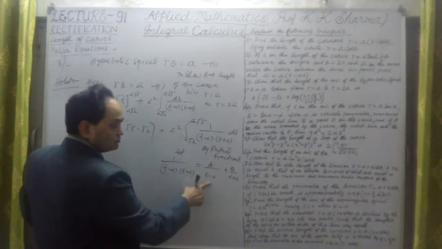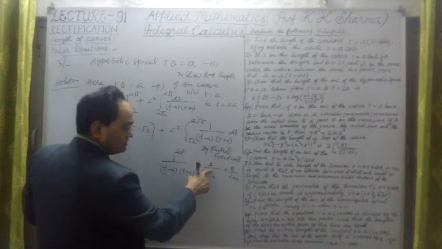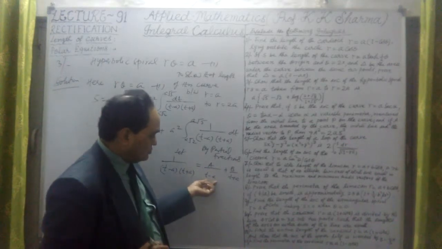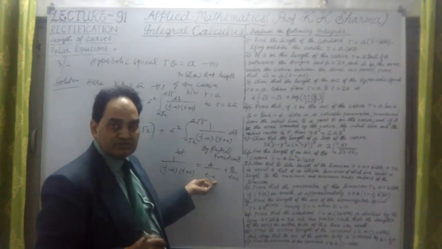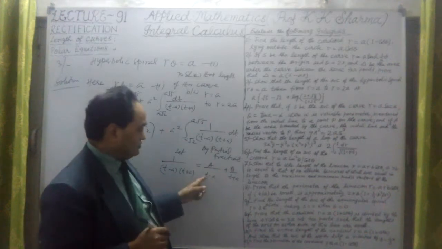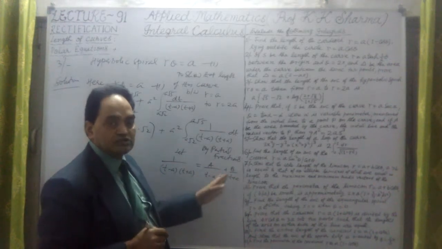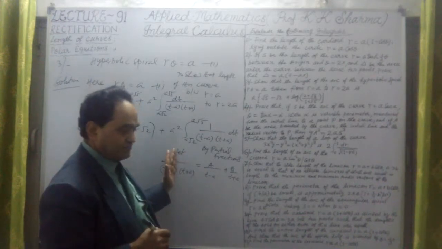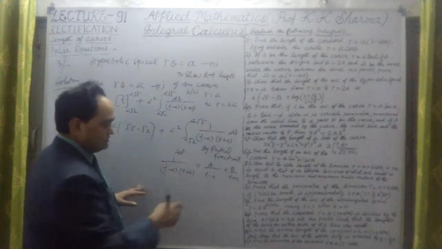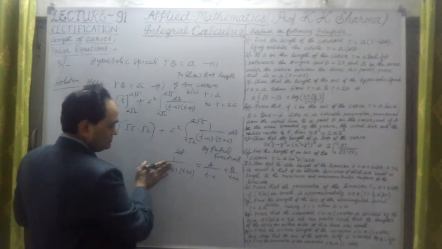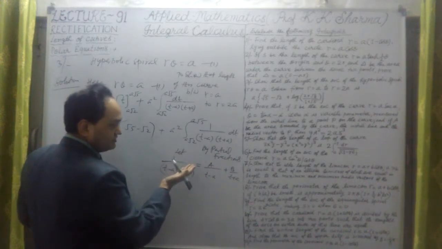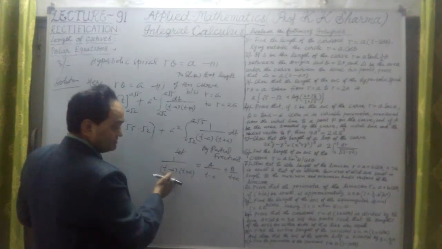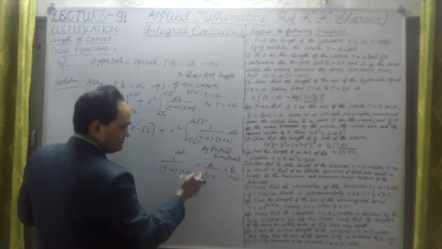So how to solve it directly? To find the value of A, we put the denominator t minus a equal to 0, then t equals a. Substitute t equal to a in the left hand side, except this factor t minus a, because if I put t minus a as 0, then 1 by 0 is infinity and it will not be defined.